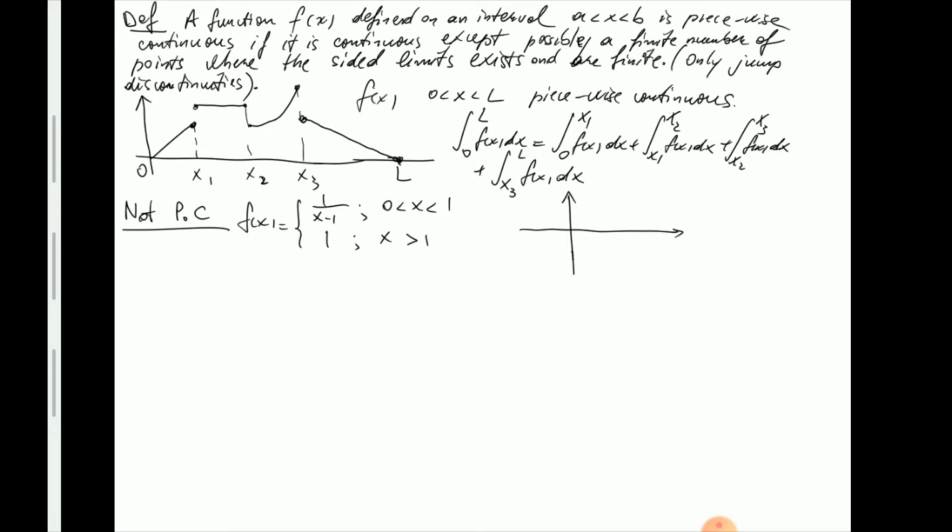It has a vertical asymptote at 1, and is decreasing. It starts from minus 1 at x equal 0, goes down to minus infinity, and then it starts horizontally equal to 1 to the right of 1. So that's an example of a function not piecewise continuous.